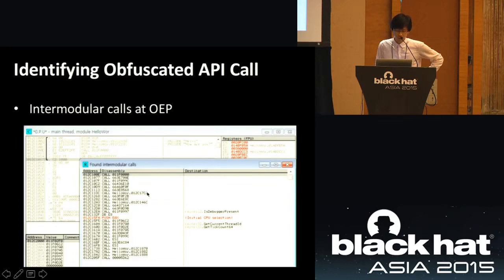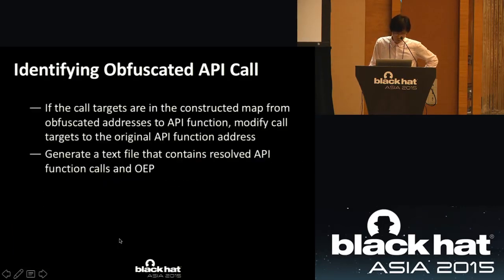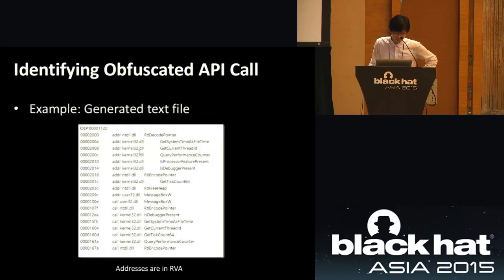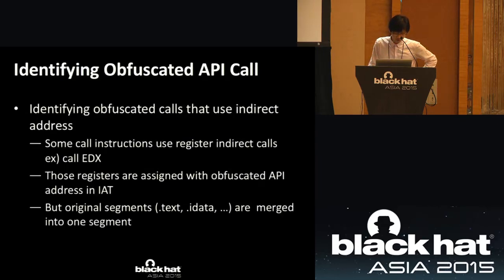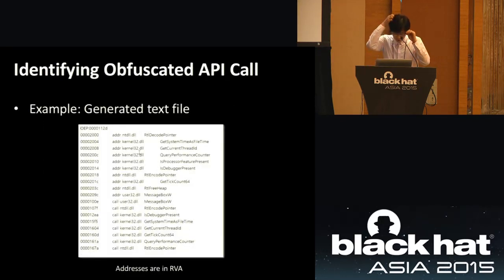When we find intermodular calls, we can find that many addresses are newly allocated blocks, and it contains some indirect addresses. So I resolved the addresses using the built map and generated a text file.